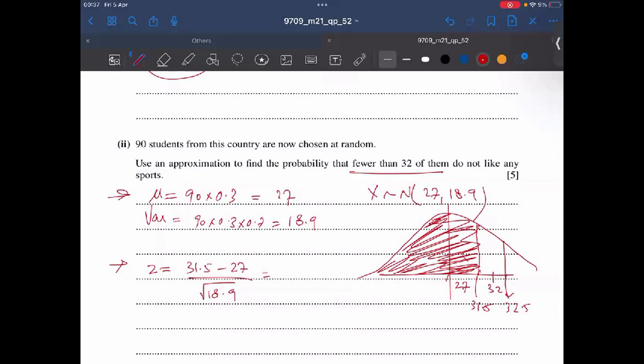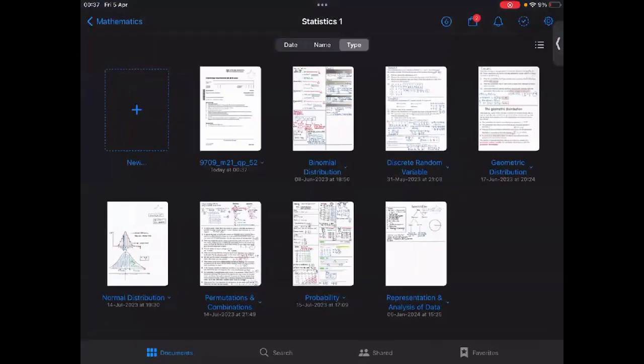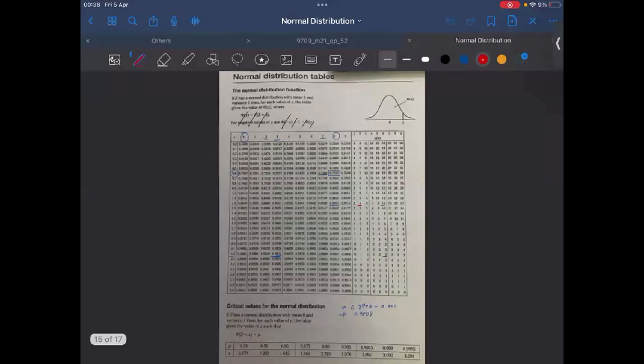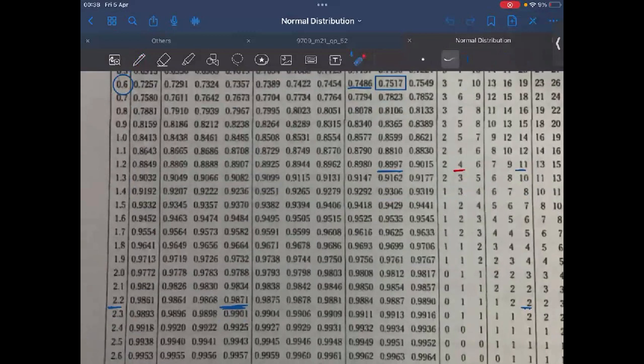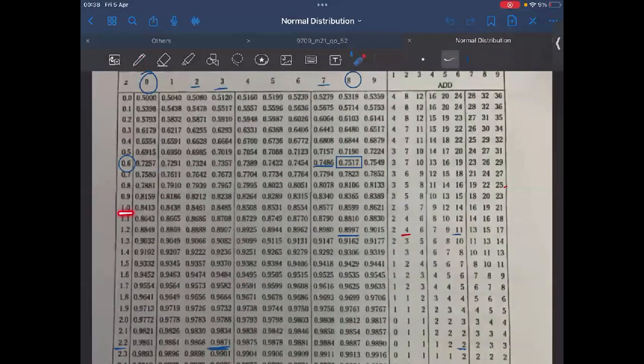We're getting 1.035, the value of Z. Now let's quickly have a look at the table. 1.035 is 0.8485 plus 12, which is going to be 0.8497.